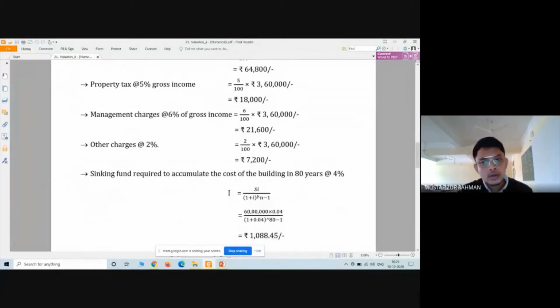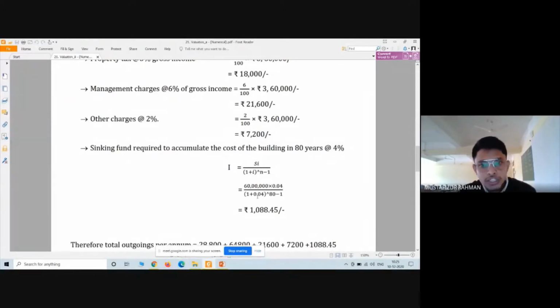Now comes the sinking fund. Remember the sinking fund? It is money that we shall have to keep aside throughout the lifespan of the building, so that at the end of the life of the building, I have the money that I spent on constructing the building. I have recovered the money that we spent on building the structure.